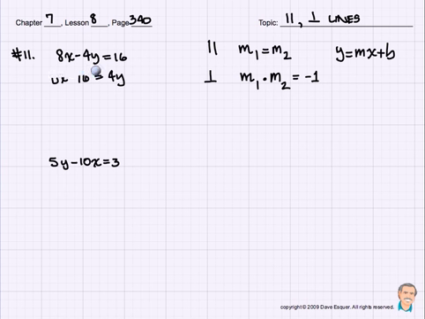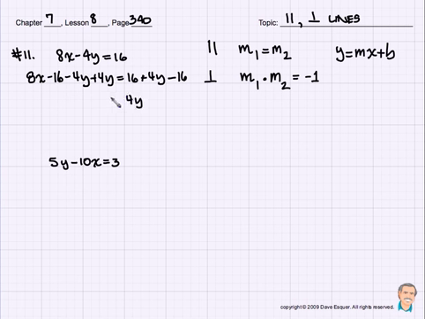Let me go back and we'll erase this. And we will go ahead and say 8x minus 16 minus 4y plus 4y is equal to 16 plus 4y, and minus 16. Okay, so I did it all in one fell swoop.